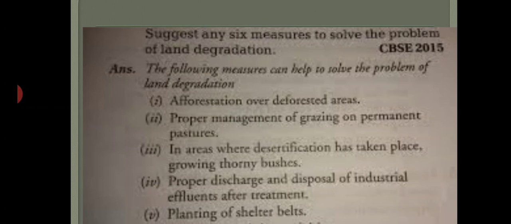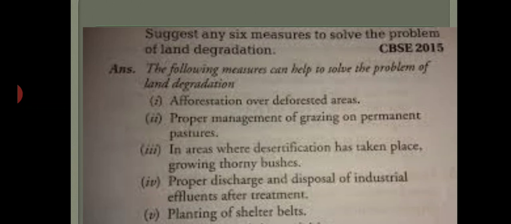There must be proper management of grazing on permanent pastures. Regulated grazing: we cannot stop grazing, but we have to regulate it. Keep rotating our cattle. In areas where desertification has taken place, thorny bushes should be grown to save the land from being eroded further.